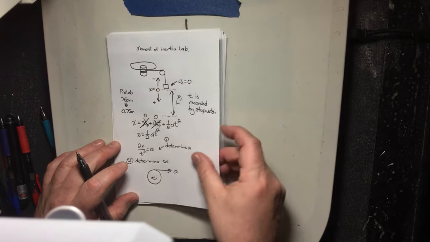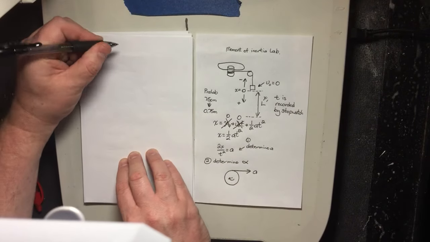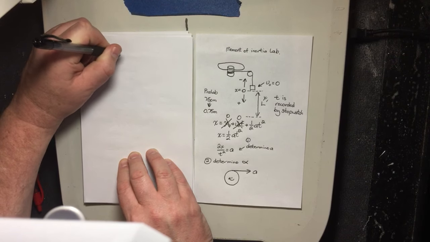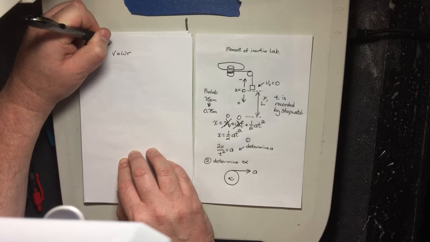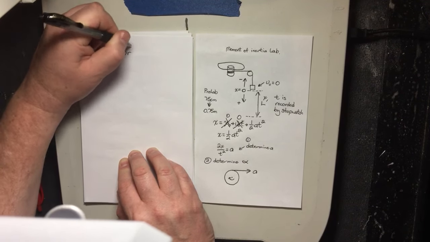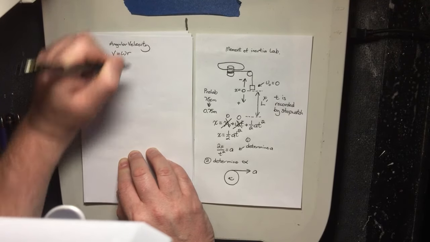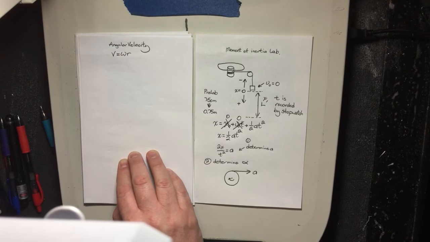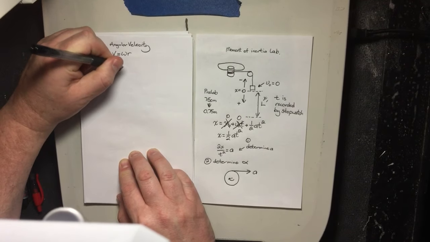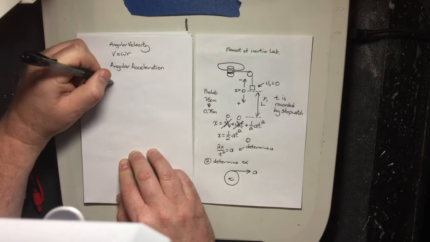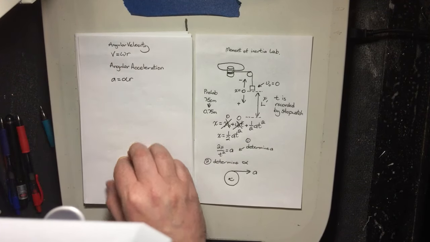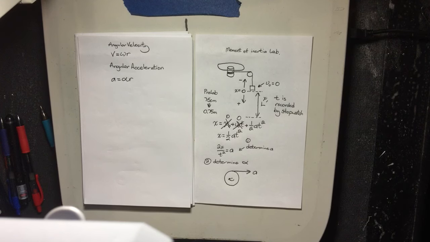And in physics, you know the relationship between v and omega. v is omega R. The equivalent equation for angular acceleration is a is equal to alpha R. So just as you can get a linear velocity from the angular velocity, you can get a linear acceleration from the angular acceleration.